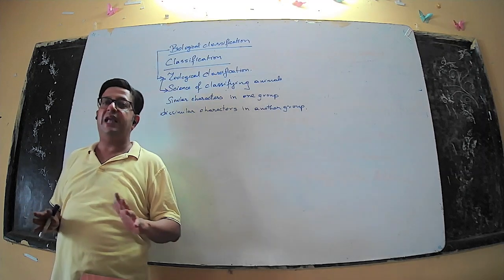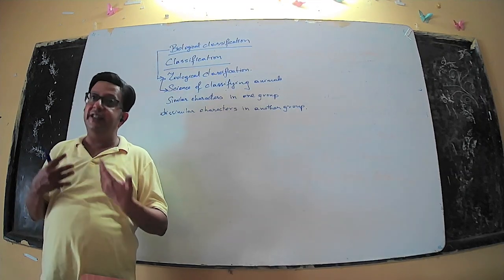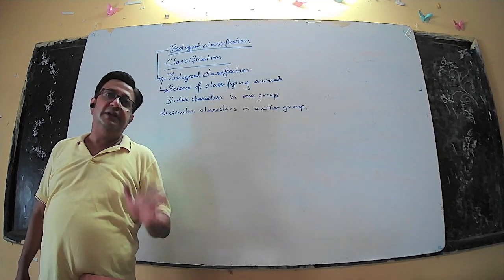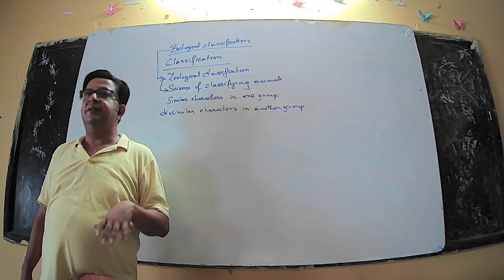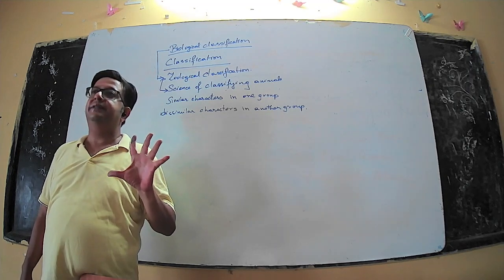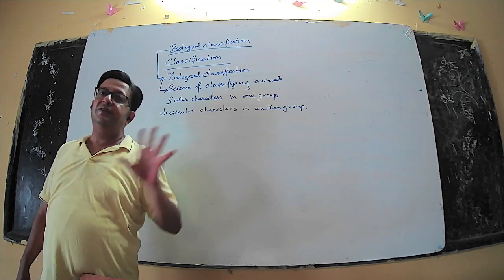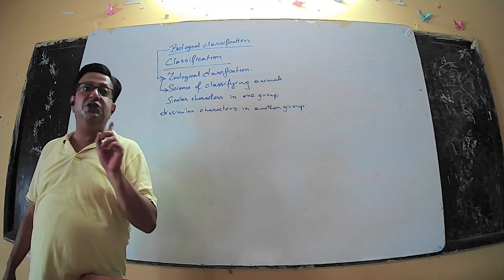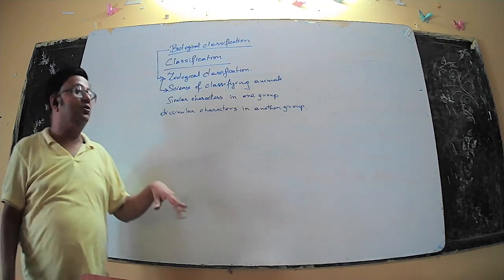They are mammals. And for example, organisms whose fertilization is internal, they are all mammals. So on the basis of similar characters, all organisms which don't have them are in other groups.